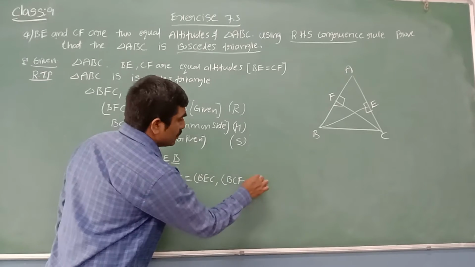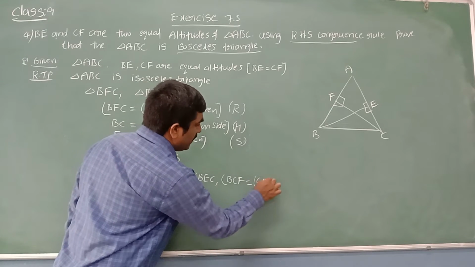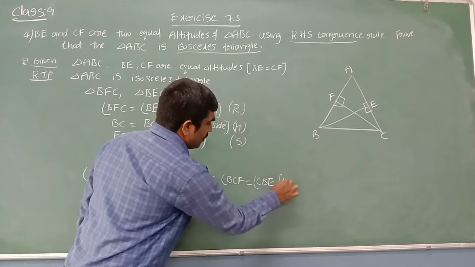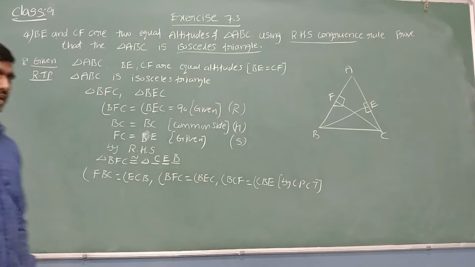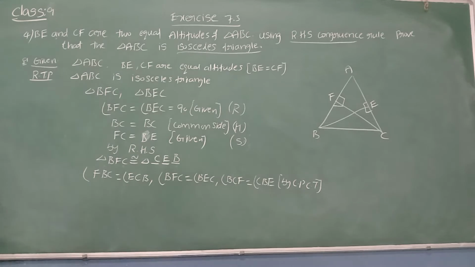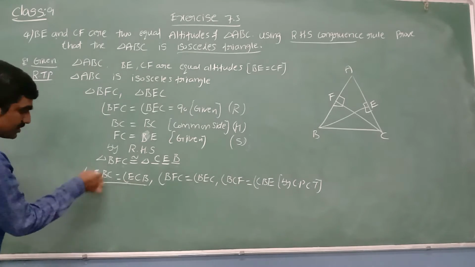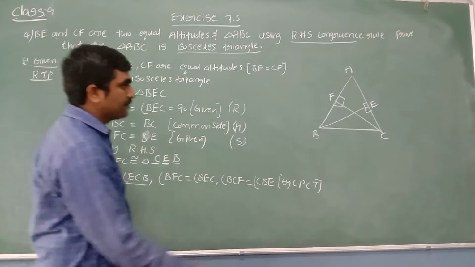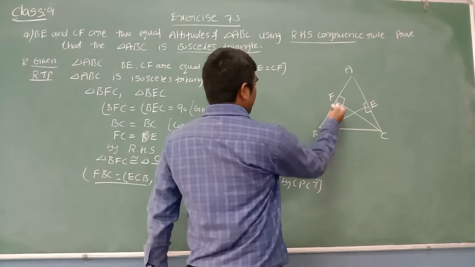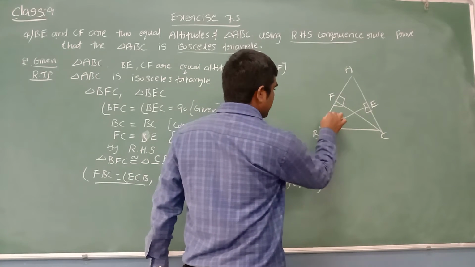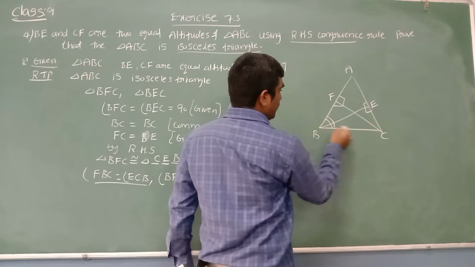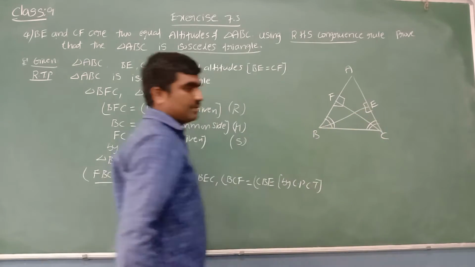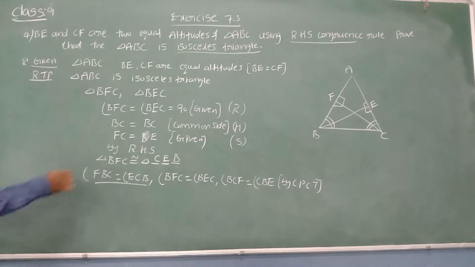We can write this by corresponding parts of congruent triangles. Now we can see here FBC is equal to ECB. Angle FBC, this part, is equal to angle ECB, this part. Now what can we write here?